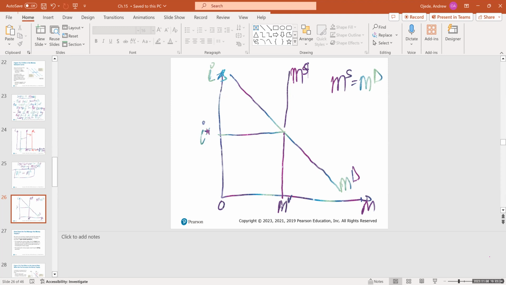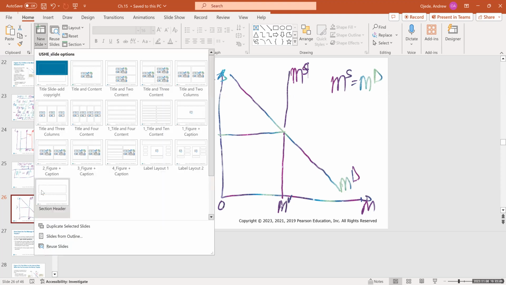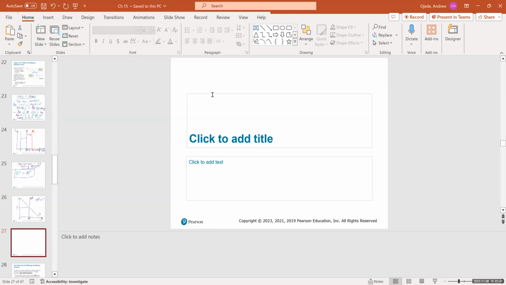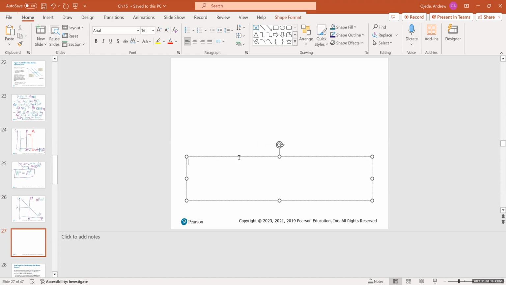Okay, now let's discuss how changes in the Federal Reserve monetary policy will affect the supply and the interest rates. We already discussed this in chapter 14, but we're putting it in a graphical context. We used the balance sheets in chapter 14.